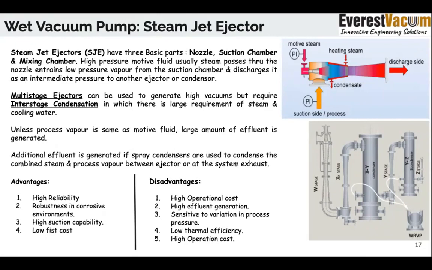High suction capability. Steam jet is typically used in applications which are very big, where very high pumping rates are required, where mechanical pumps till about 10 years back were not the preferred choice. But with very fast advancement happening in mechanical pumps, probably 3 or 4 years ago, the biggest booster that Everest was manufacturing was, say, 5,000 meter cube.